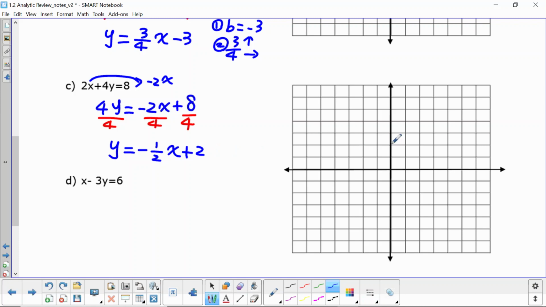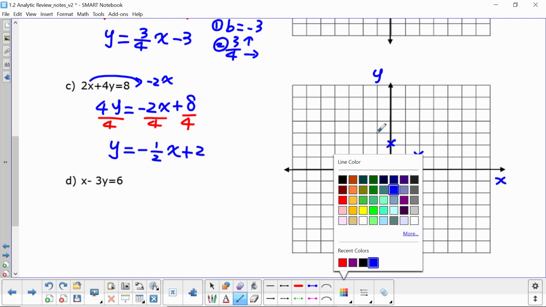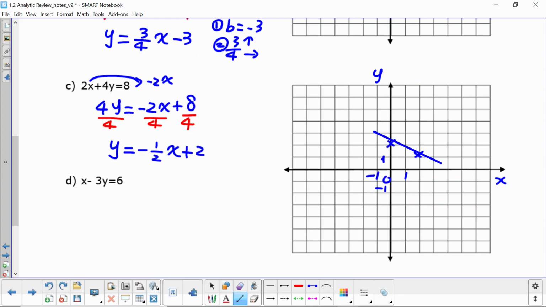Find the b, which is 2. Then down 1, right 2. Then you have the 2 points, you connect them, and you are able to graph the line. It's a little bit off, I can just change it. Then this is the graph for 2x plus 4y equals 8.